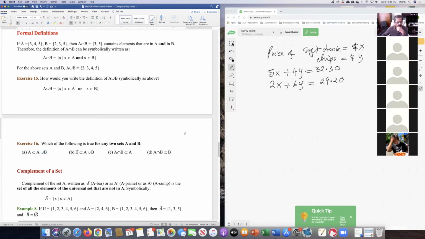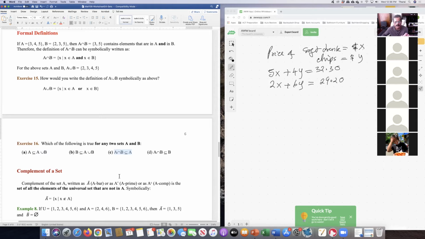Okay, so is this always true for any sets A and B? Yes. What about this? I think it's true.